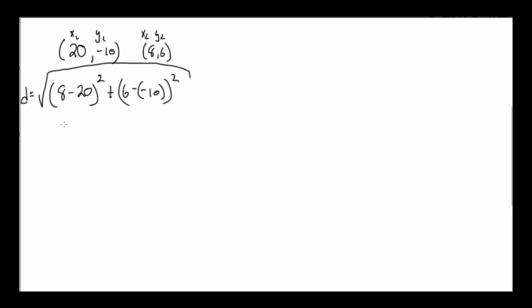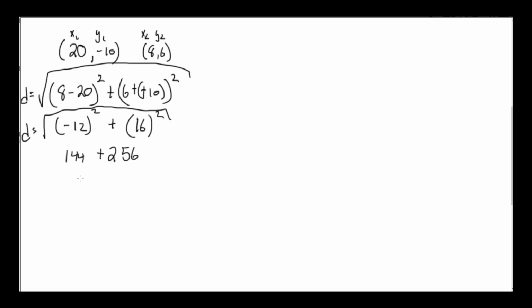So here I'm going to have negative 12, and here I'm going to end up with plus 10 to give me 16, squared plus squared, square root, and D is equal to this because we're finding out the distance. Well, negative 12 squared is 144, and 16 squared is 256.